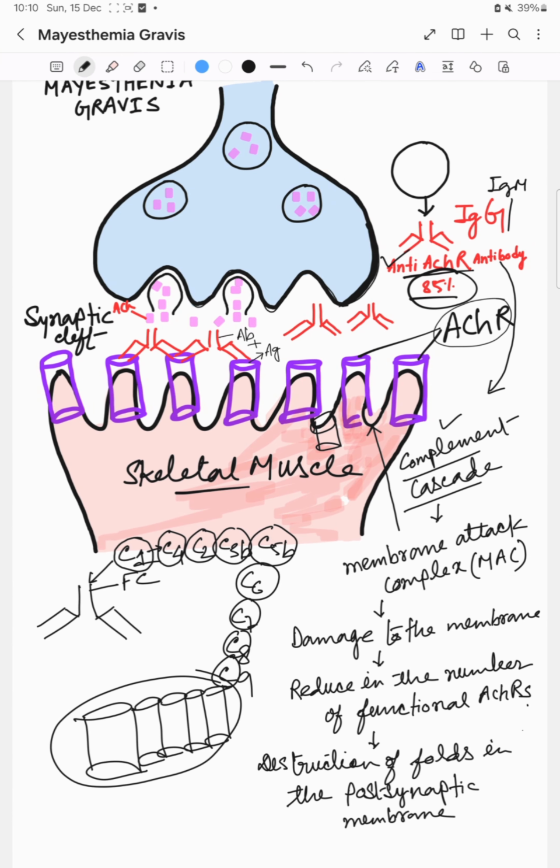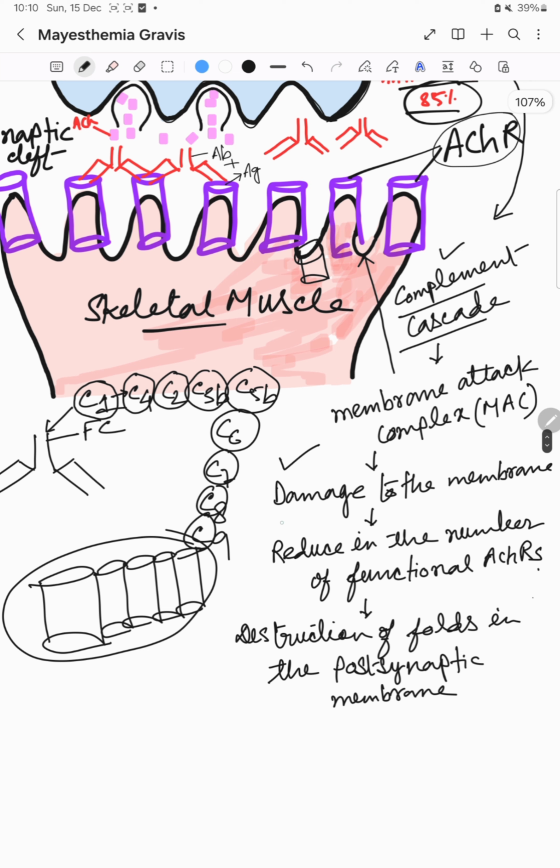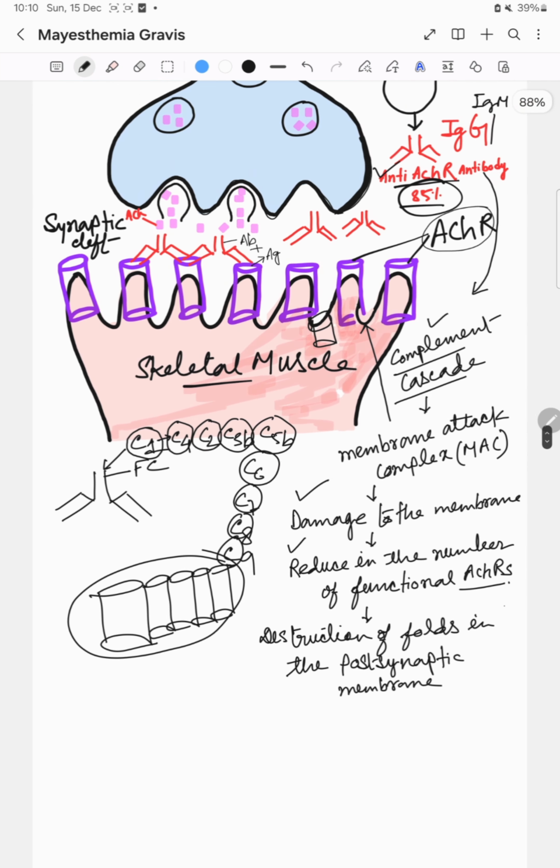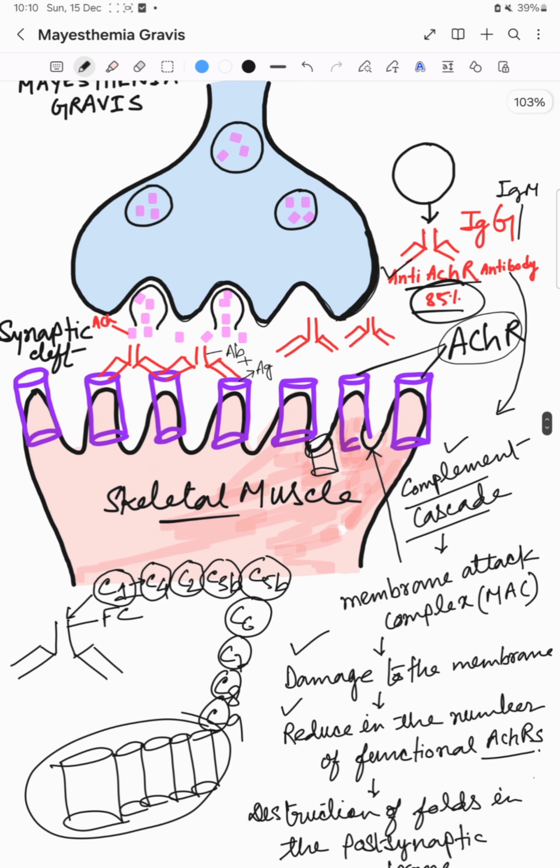Definitely they damage the membrane. They reduce the number of functional acetylcholine receptors and destroy the folds of the muscle membrane. That leads to myasthenia gravis in 85% of cases. Another 15% of cases are different, and I will describe them.